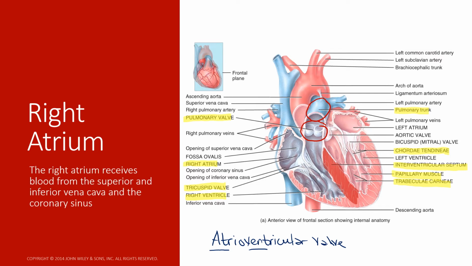And then it's going to divide into left and right pulmonary arteries. You can see the right pulmonary artery is labeled right here, and the left pulmonary artery is labeled here. And these are the arteries that carry the blood to the lungs. So this is deoxygenated blood going to the lungs.